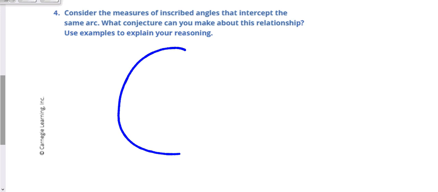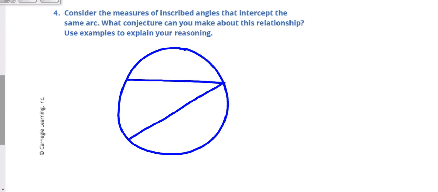So you don't have to get fancy about it. Just draw a circle. Mine looks more like an egg. And we are going to draw some angles here, because this is something that comes up all the time on different types of test questions.